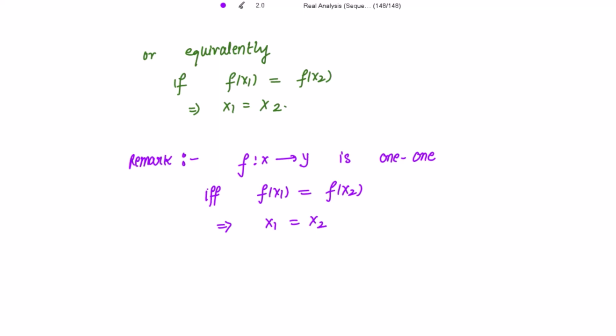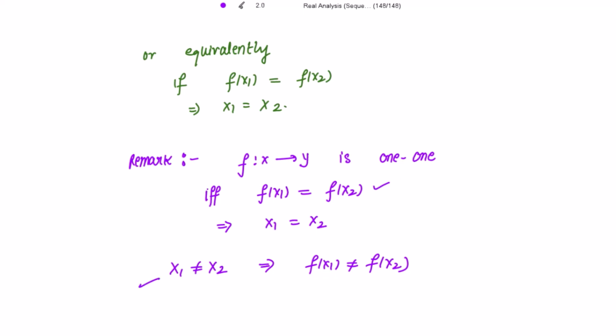If you write this in another form, then you have to write that x1 not equal to x2 implies f of x1 not equal to f of x2. If you start from here, you must write two different points first, and then they imply the two different images. In any of the ways you can start, either from the same images or from the different points.